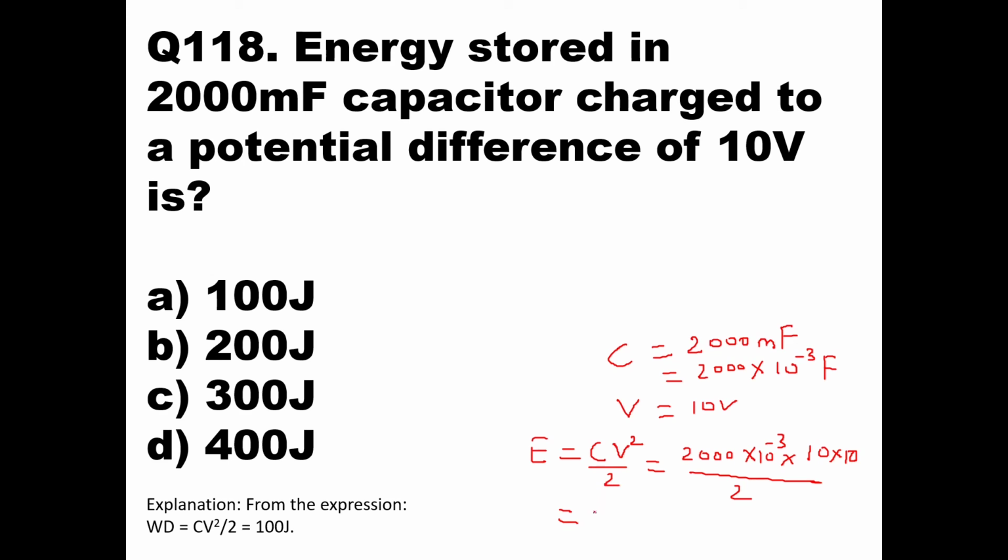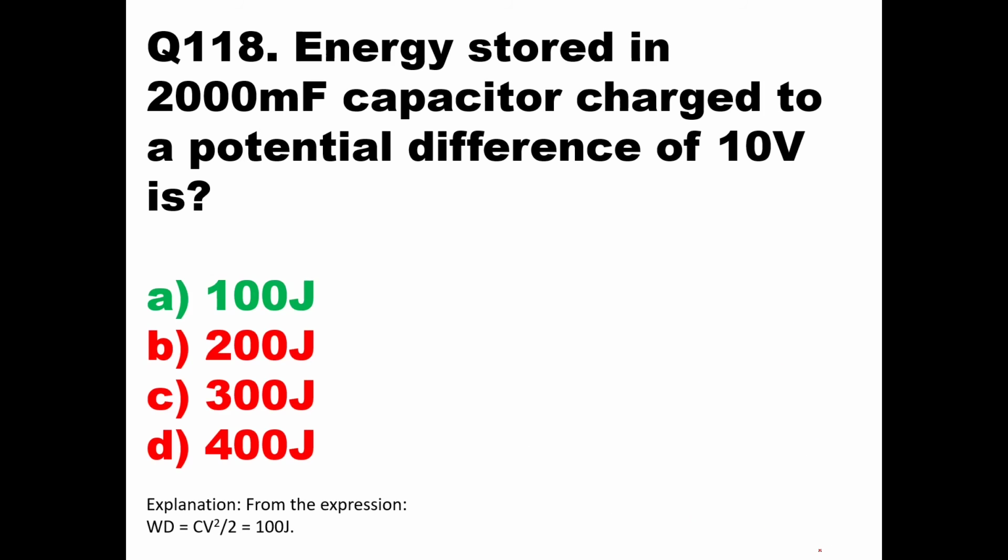So this is nothing but 200,000 into 10 raised to 2, 10 raised to minus 3... upon 2. So this is nothing but 1000 into 10 raised to minus 1, which is nothing but 100 joules. So option A will be the right answer over here, 100 joules. Clear? Then we'll go to the next question.